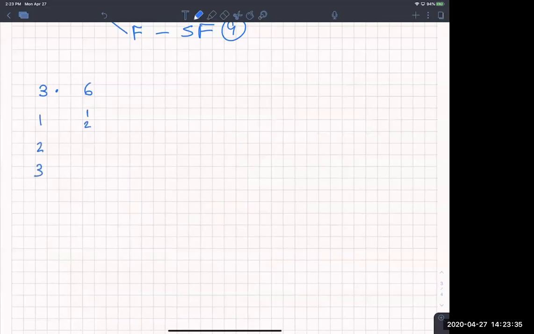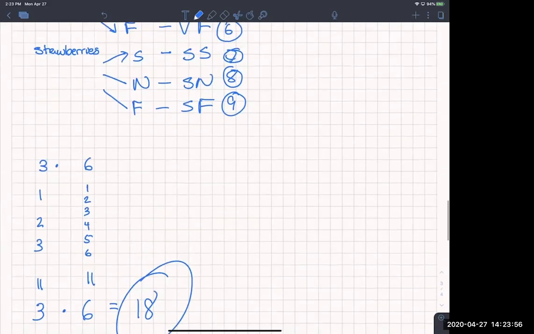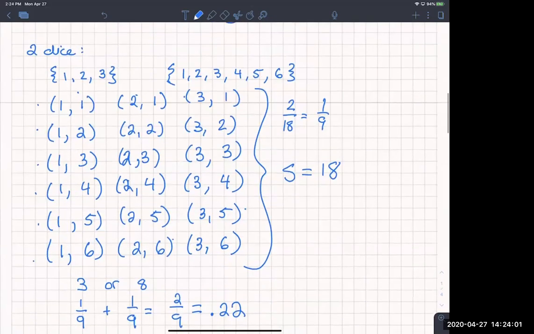The 6-sided die was 1, 2, 3, 4, 5, 6. So the first die can be done 3 different ways, and the 6-sided die has 6 different ways, which gives me 18 total different combinations of the 2 dice together. And you saw that from what we did here. That was 18 different combinations that we were able to get. And that is the fundamental counting principle.